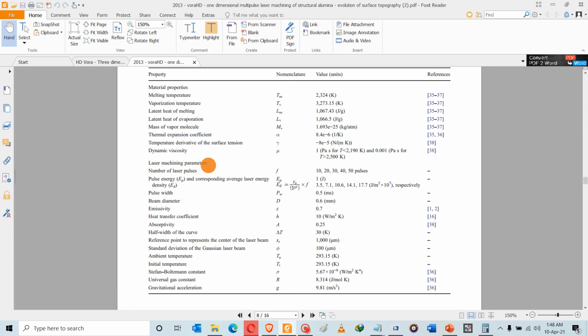What is essential here is that we insert the number of laser pulses, pulse energy, pulse width, the beam diameter, the emissivity, heat transfer coefficient, absorptivity, and the rest of these parameters until we get to the gravitational acceleration. So I'm going to copy these parameters as they are.